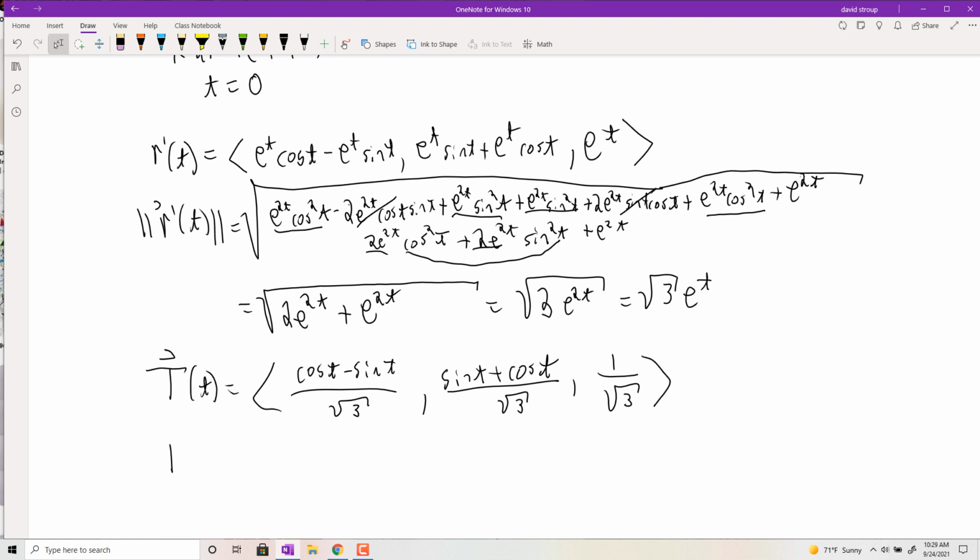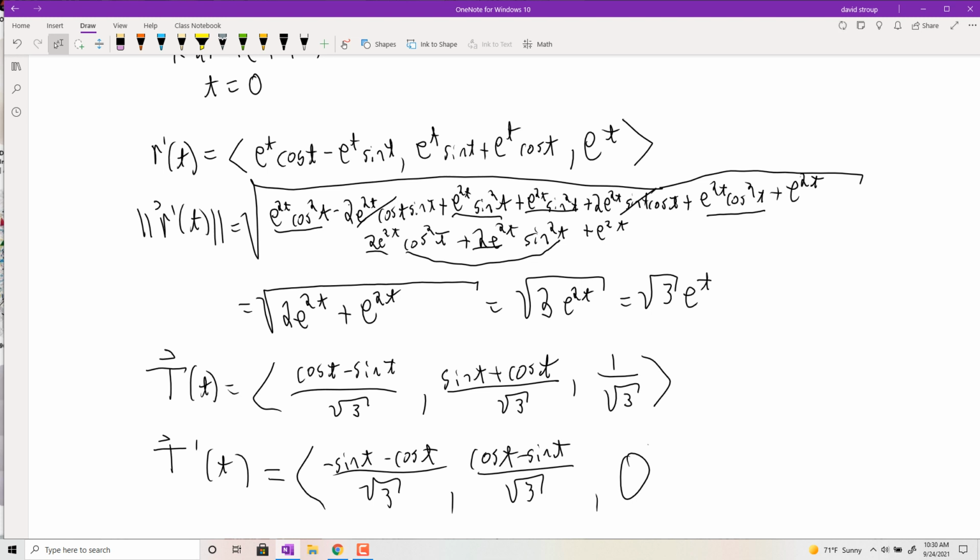And then we need the derivative of that thing. So that would be negative sine t minus cosine t all over root 3, and then cosine t minus sine t all over root 3, and then 0.